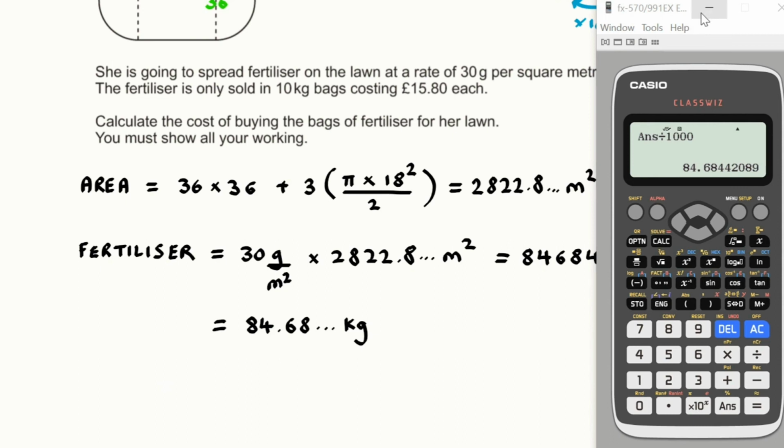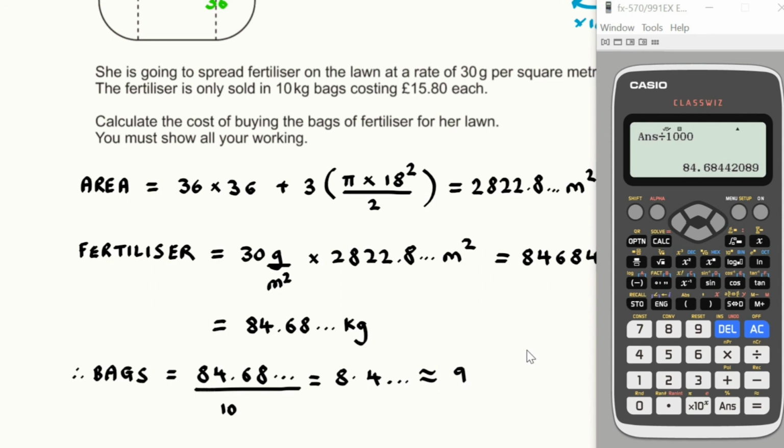So this is how much fertilizer. So how many bags do we need? Well, if we've got 10 kilogram bags, the number of bags we need, we've got 84.68 divided by 10, which is 8.4 etc. So therefore we need 9 bags.